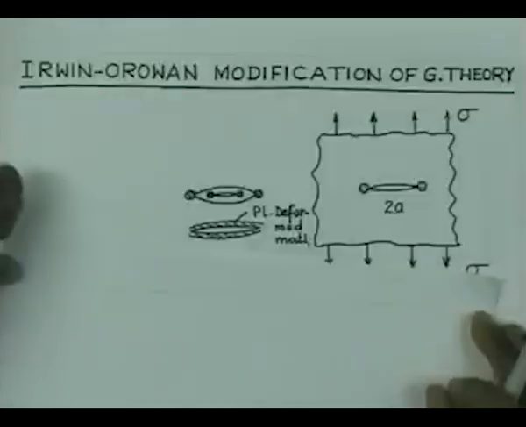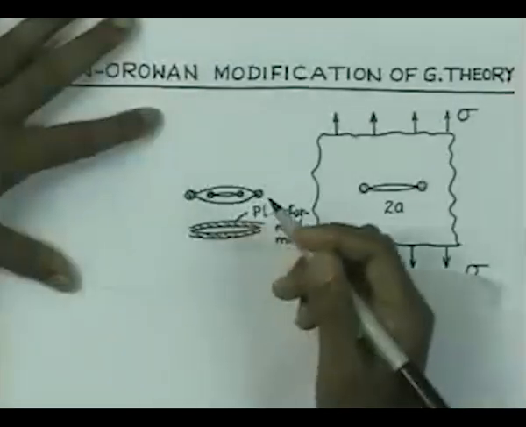So, if we now consider the energy conservation here, or the different types of energy that are involved in this crack propagation, there are three forms of energy now.